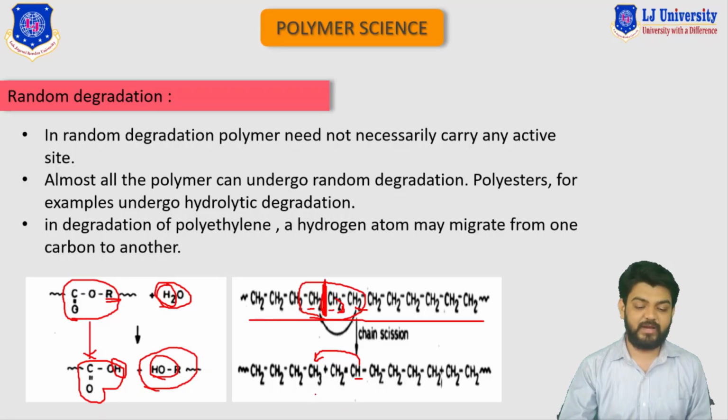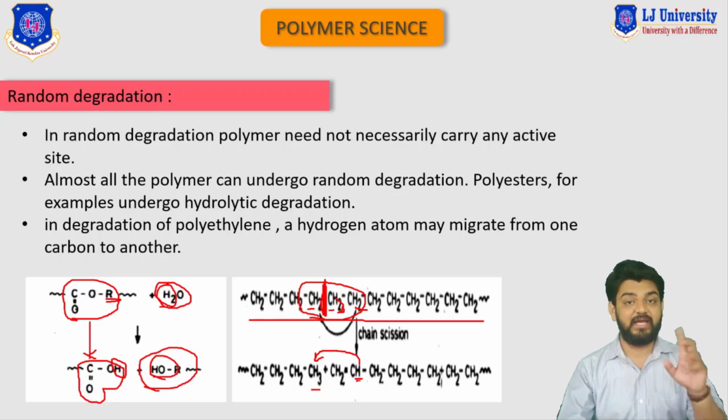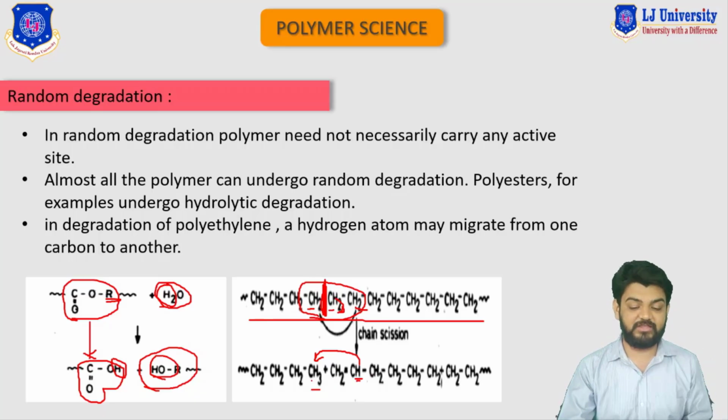That's why we have CH3 here, and this particular carbon has CH2 because it has to make one more bond with this specific carbon here, right? We have a double bond because one hydrogen has shifted from this carbon to this carbon, so we have CH3 here. So this is another type of random degradation process.